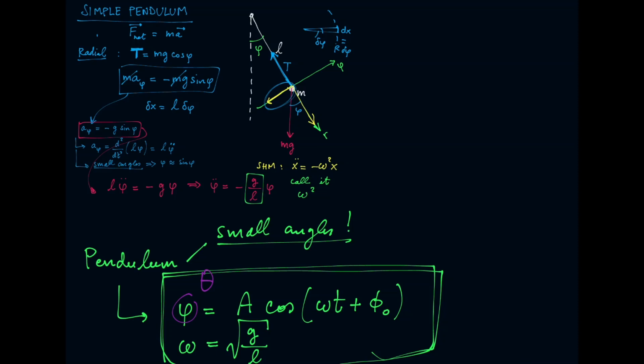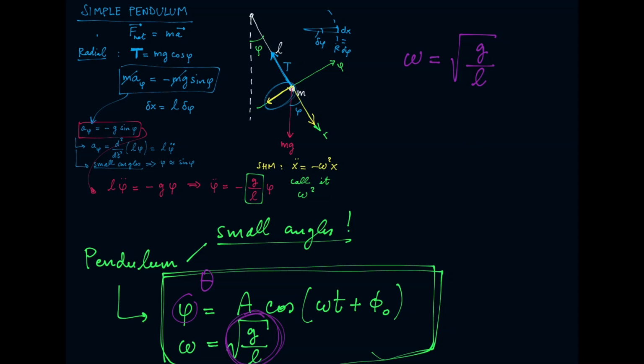And yeah, there's a lot of interesting physics that one can study with this. The first thing that I find very interesting is this expression. Look at what this is telling us. The angular frequency of a pendulum is proportional to the square root of g.